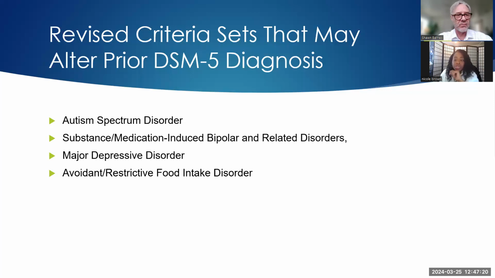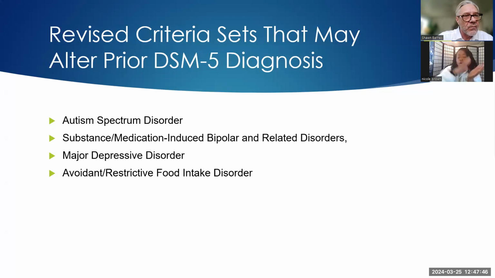For avoidant restrictive food, we are looking at no longer requiring that eating or feeding disturbances manifest as persistent failure to meet appropriate nutrients. So basically, if you're looking at someone who is restricting or avoiding food, again, we're looking at time, duration, and criteria.